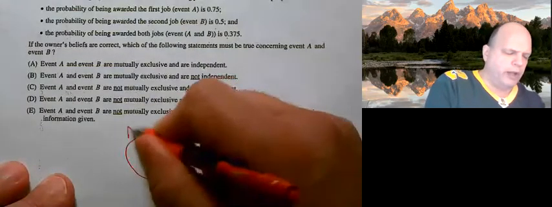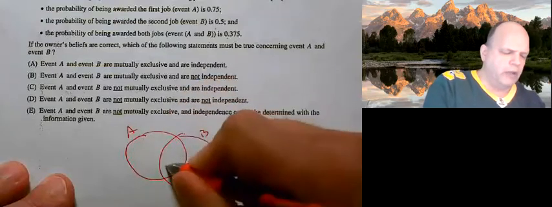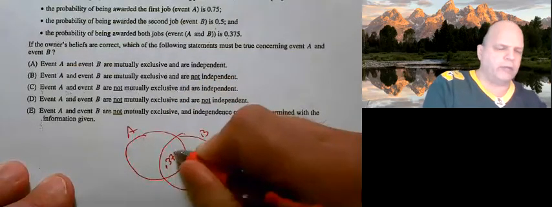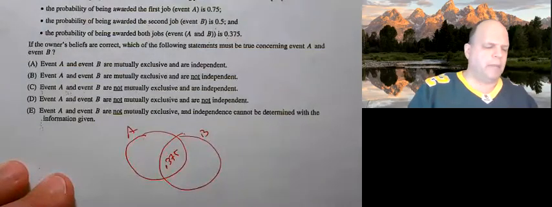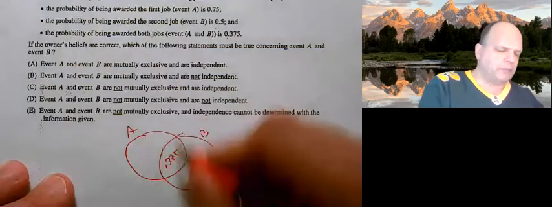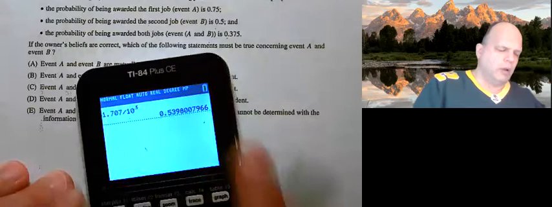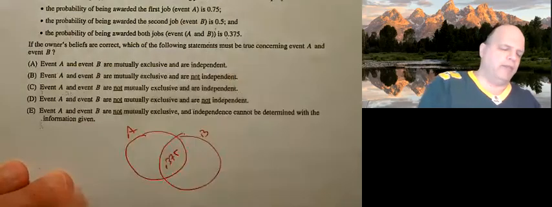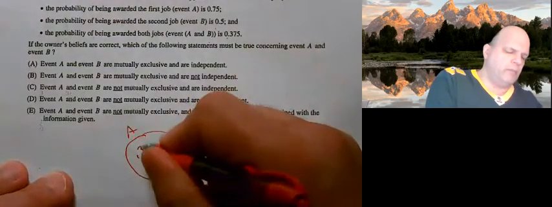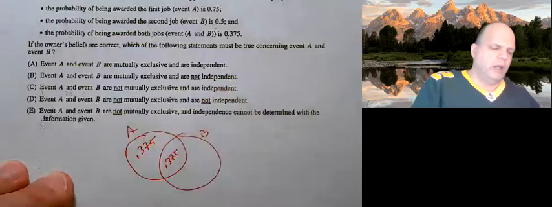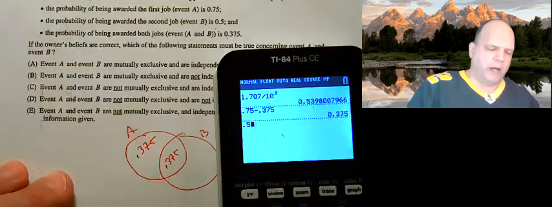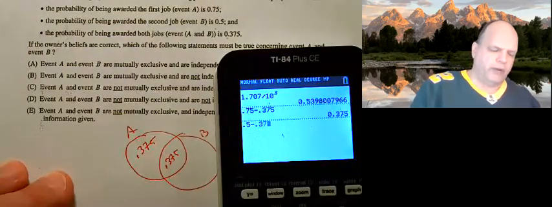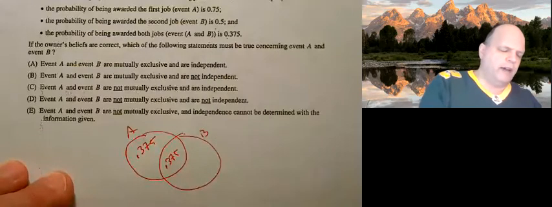And I'm going to call this A, this B, this is 0.375, because that's my overlap. 0.75 minus 0.375 is 0.375. And 0.5 minus 0.375 is 0.125.